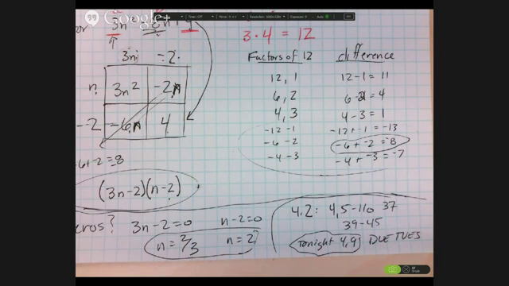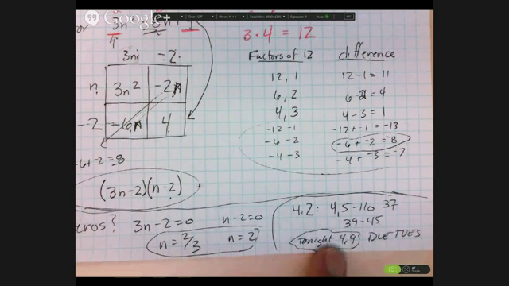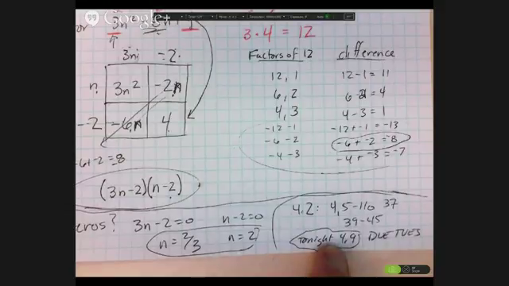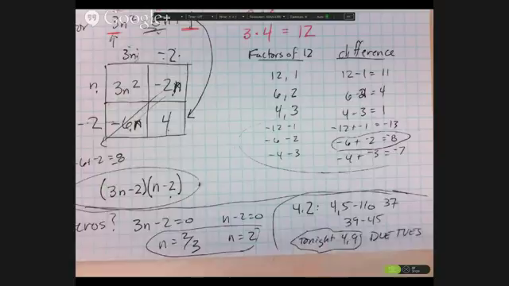Okay, tonight, 4 and 9 are graphing factoring. Listen up. Tomorrow, we'll do completing the square and the quadratic formula. That's the rest of it. Okay?